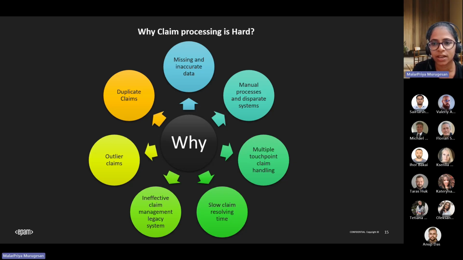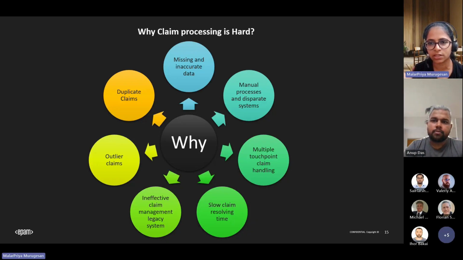Coming back to outlier claims, extremely rare medical conditions will also result in outlier claims, because you will submit the claim multiple times, and the payer will have difficulty processing it. And when you submit a lot of duplicate claims, that will delay other actual claims as well. These are some of the reasons why claim processing is hard.